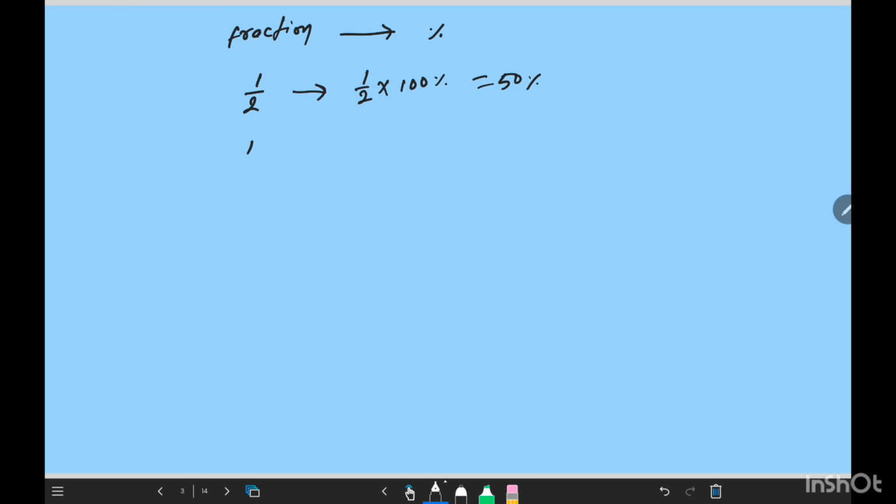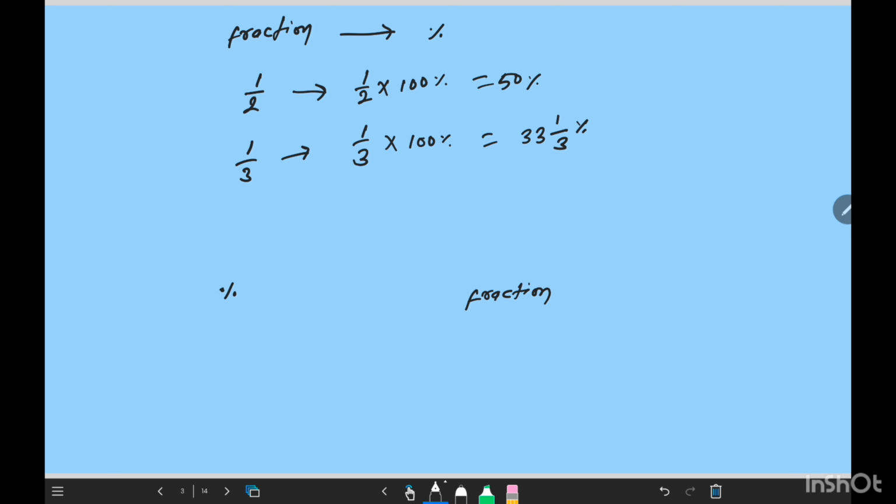If some number is written in the form of 1 and upon 3, then we can write it like this, and then it will be like this, right? So simple so far. With the above two slides of discussion, we came to know about one concept, that there is percentage and there is fraction.